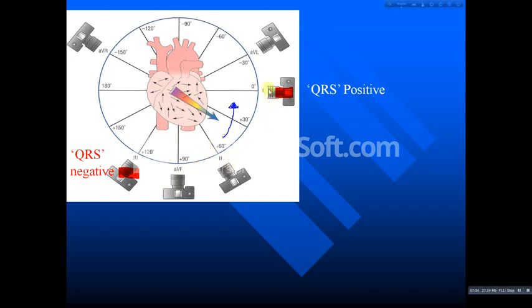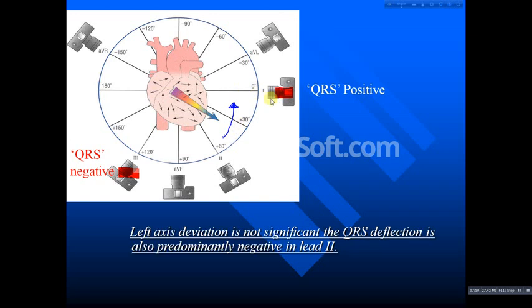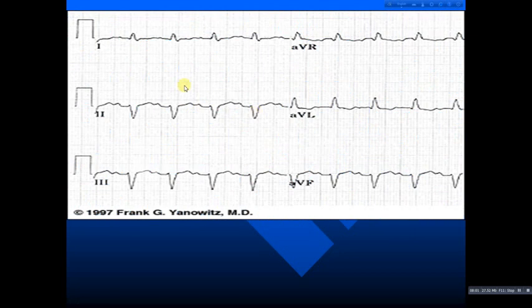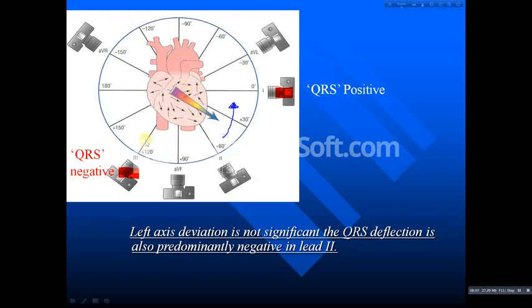There will be a positive QRS complex also in AVL, but the positivity will be more in AVL than in lead 1, because the axis has moved beyond AVL. So in left axis deviation there will be negative QRS in lead 3 and lead 2, positive QRS complex in lead 1 and AVL, and the positivity will be more in AVL than lead 1.